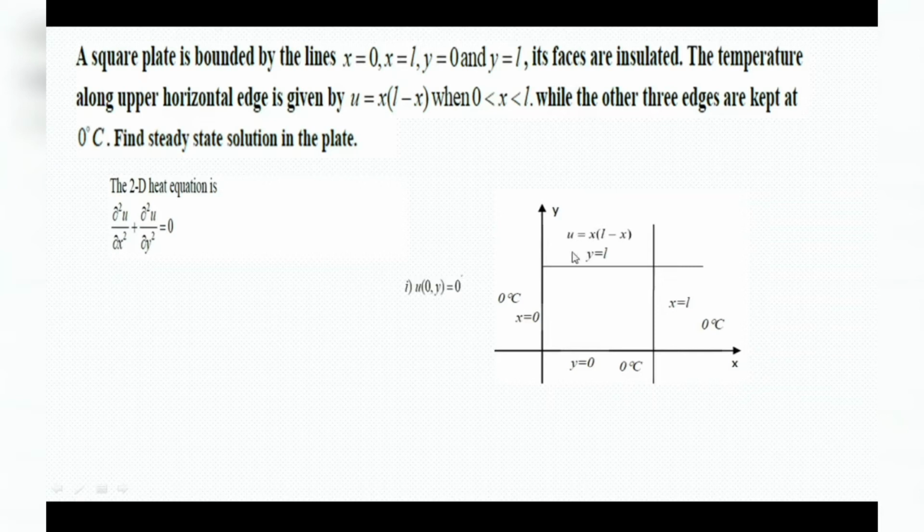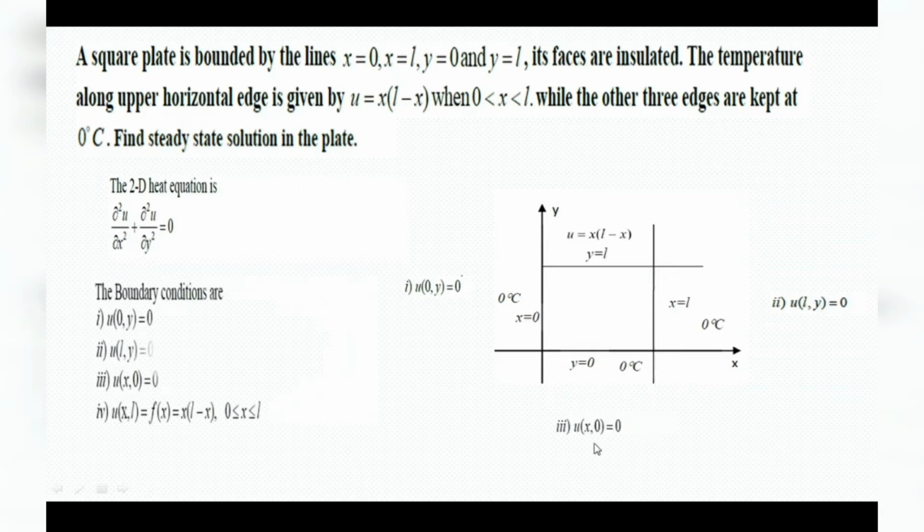When x is 0, the temperature is 0 and y remains the same, so u of 0 comma y equal to 0. The second boundary condition is u of L comma y equal to 0 because our x is L here. The third boundary condition is when y is 0 and x remains the same, we have the temperature as 0, and the non-zero temperature is on the upper horizontal.